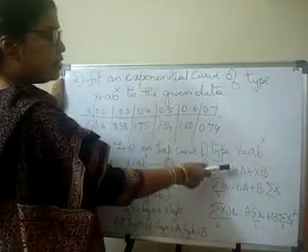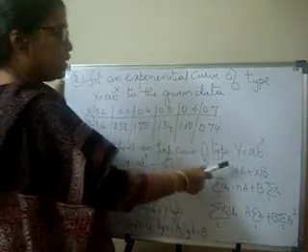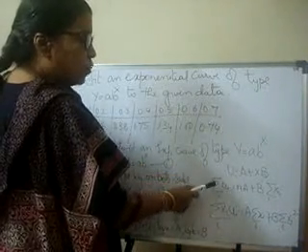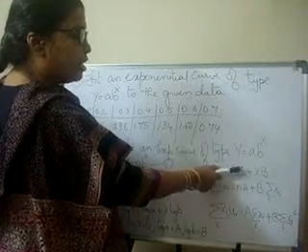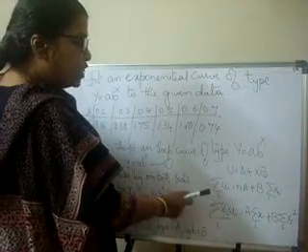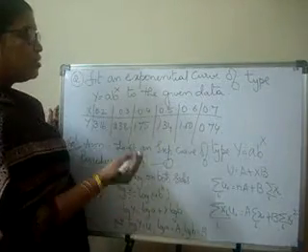Now this is the linear equation. We have converted non-linear equation into linear equation. Then we have written normal equations for this linear straight line, and then with the help of this we are going to do the calculation and solve.